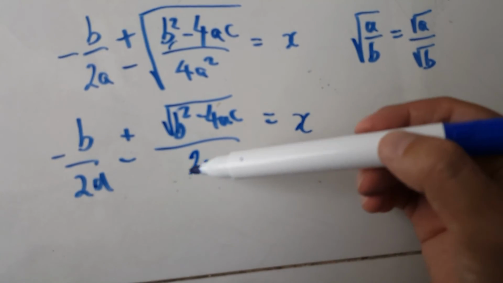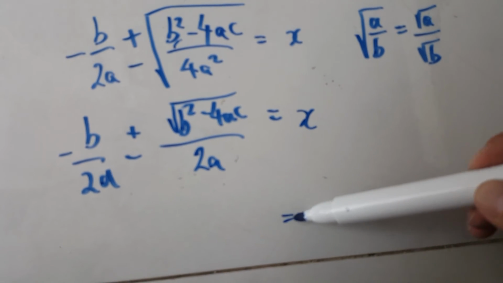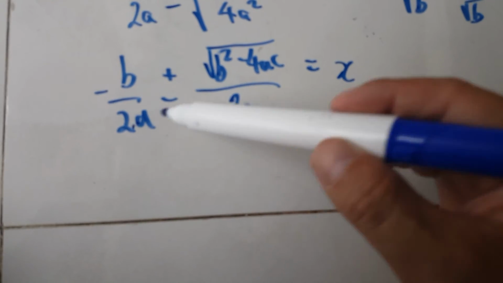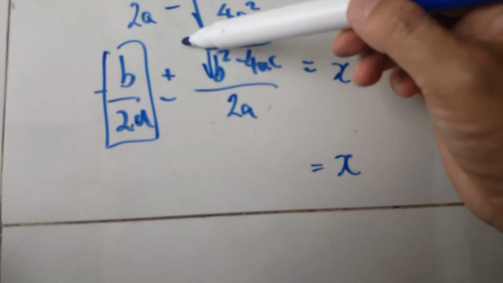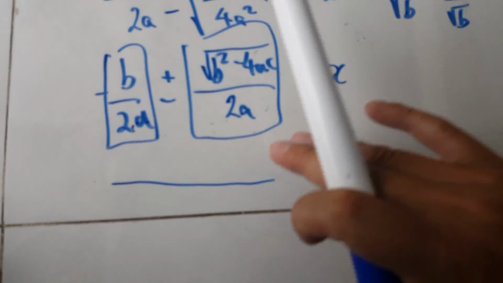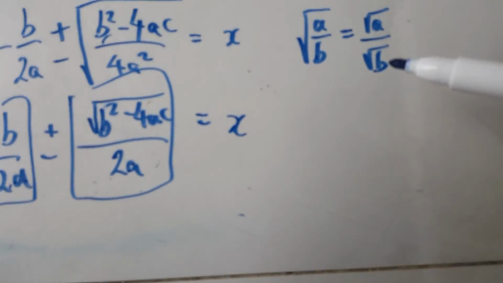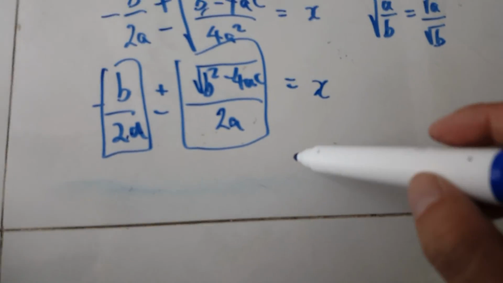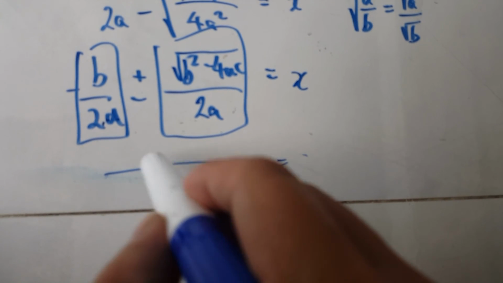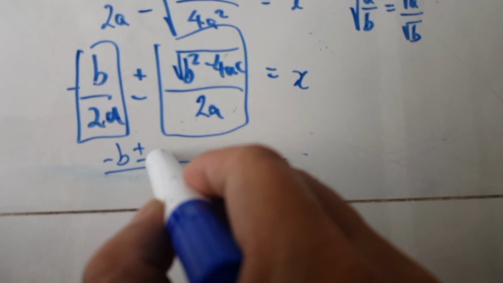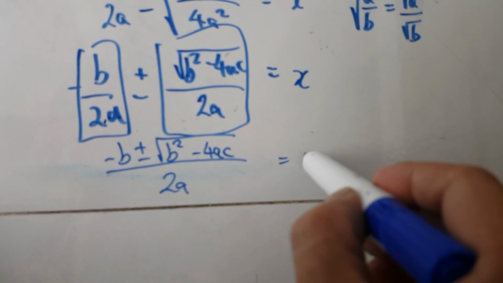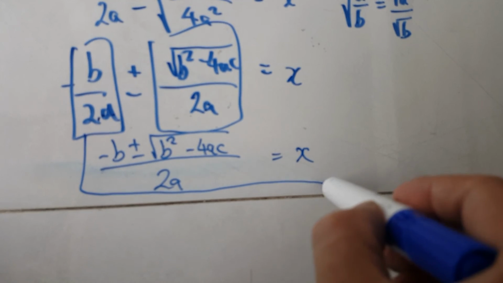So now same denominator, you can merge them together. Really you've got one fraction here and another fraction here. Same denominator, so merge them together. That will then give you minus b plus minus root b squared minus 4ac, all over 2a. So this is your quadratic formula.